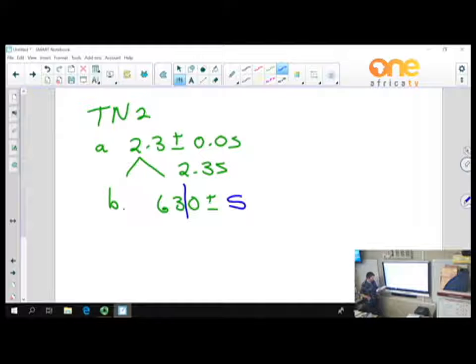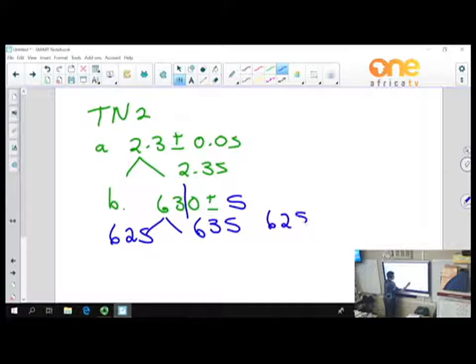And the question is calculate the lower and the upper bound. So the upper bound is 635 and the lower is 625. Then they say using x cubic meters for the capacity, express the range of values in which the x must lie as an inequality. So 625 is less than equal than x is less than 635.